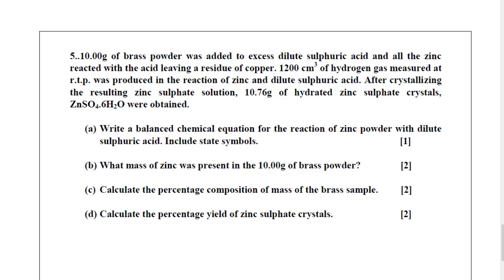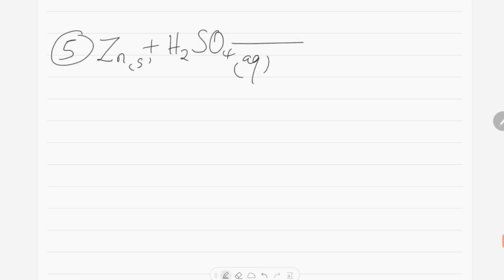Remember, zinc is a metal, so it is solid, plus the acid, which is H2SO4, sulfuric acid. When these two react, we produce a salt, which is zinc sulfate.